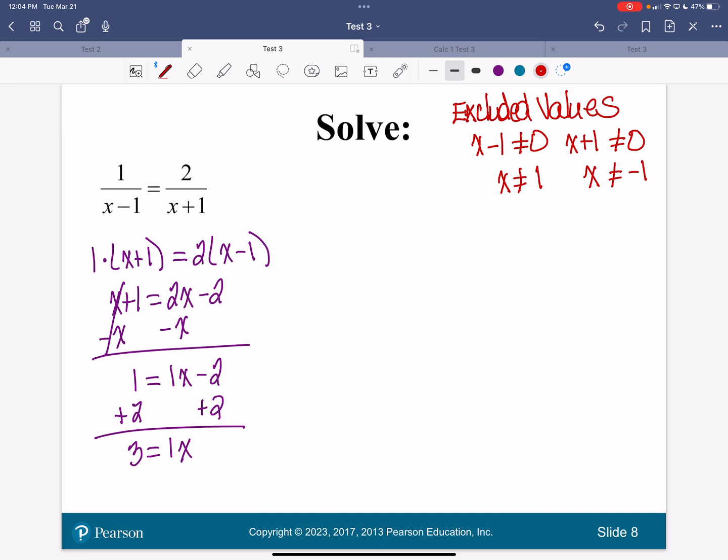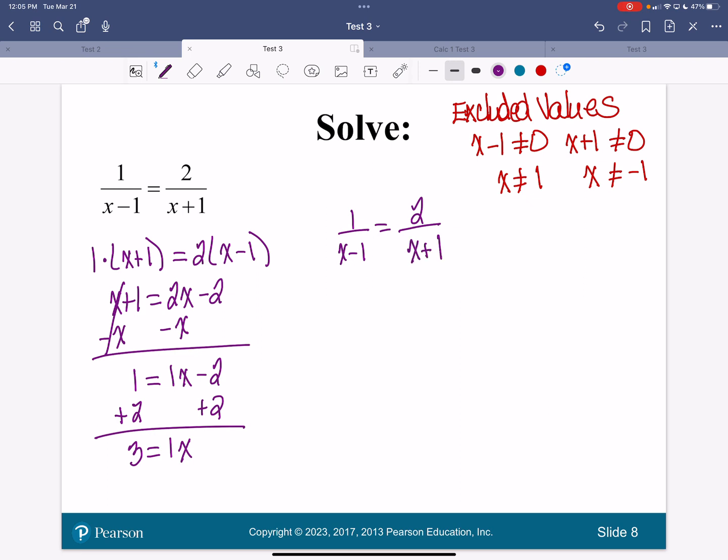Okay? Now, am I good with x equals 3? I am. Now, I can solve this the exact same way, multiplying everything by the LCD. So I've got 1 over x minus 1 equals 2 over x plus 1.